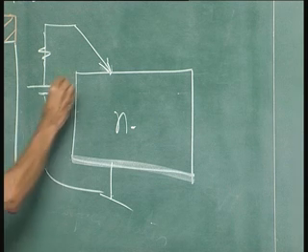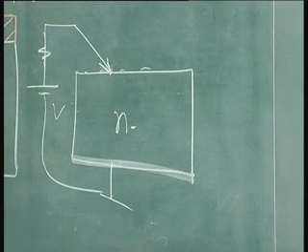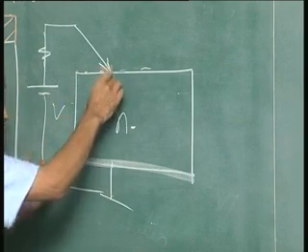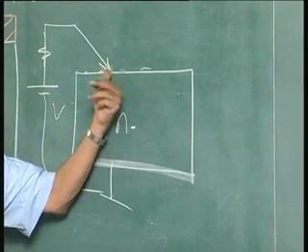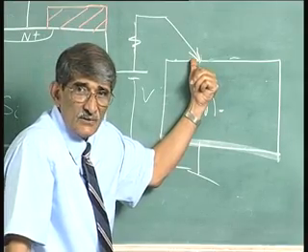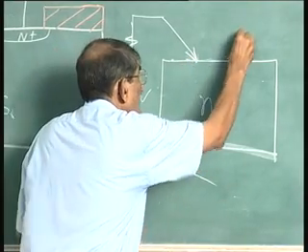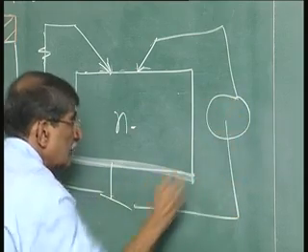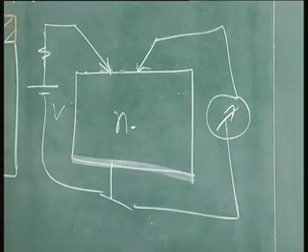Now, this is a surface. What they theorized was that there is a potential distribution on the surface due to the potential established here. So, they were trying to probe with an ammeter.